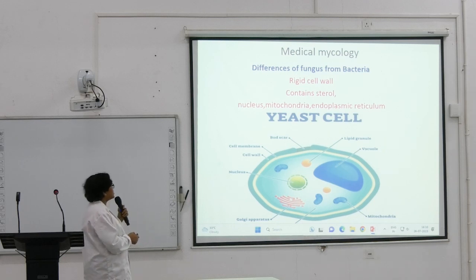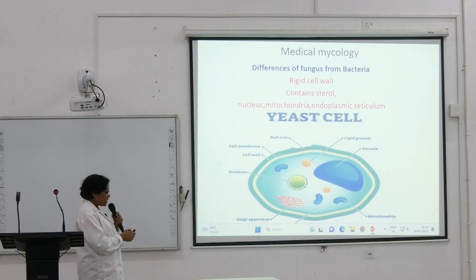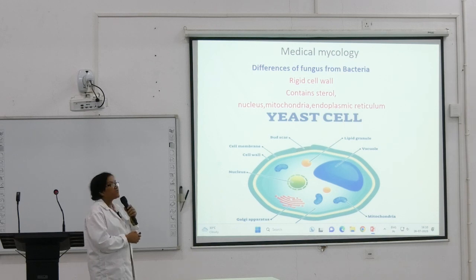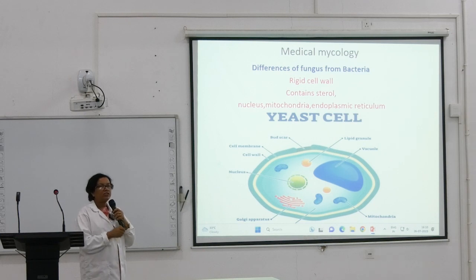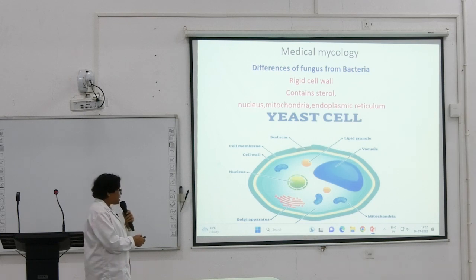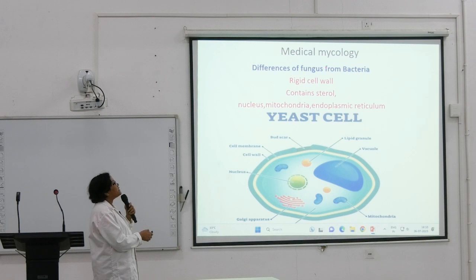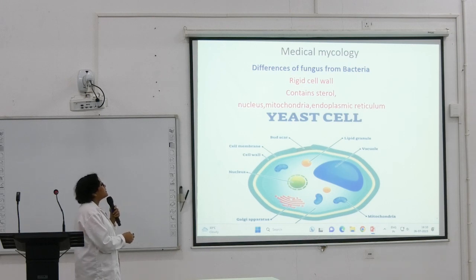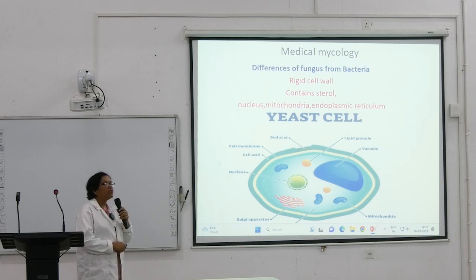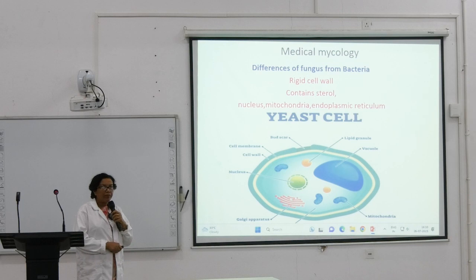Now you can see the structures which are not present in bacteria or the prokaryotic cell but are present in the eukaryotic cell. It has a rigid cell wall, it contains sterol, and a definite nucleus with nucleolus and nuclear membrane, which is absent in bacteria.